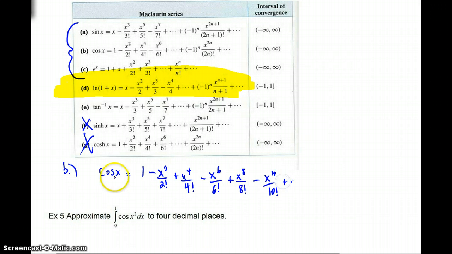Well, if I wanted to find cosine of x squared, all I'm going to do is replace x squared for x in every one of these terms here. We'll have x squared to the 4th all over 4 factorial.